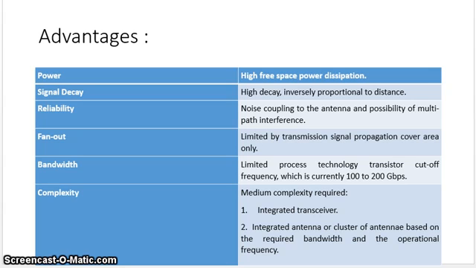Next, bandwidth. Limited by process technology transistor cutoff frequency, which is currently 100 to 200 gigabytes. And finally, in terms of complexity, it has medium complexity. It requires one integrated transceiver, and one integrated antenna or cluster of antennas based on the required bandwidth and the operational frequency.